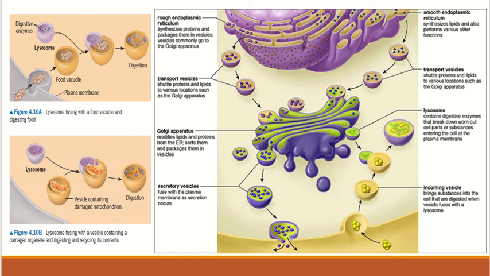A reason why, as you can see in this particular figure, an incoming vesicle, technically in the form of a food vacuole, if fused with digestive enzymes, it will reduce the contents of this food vacuole into simpler components. But besides this, lysosomes also function to break down non-functional organelles into simpler components.